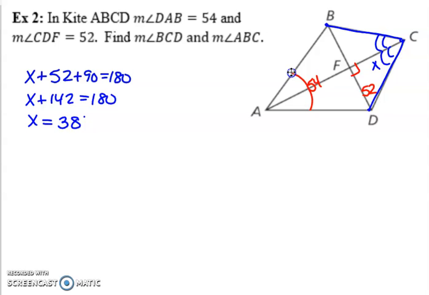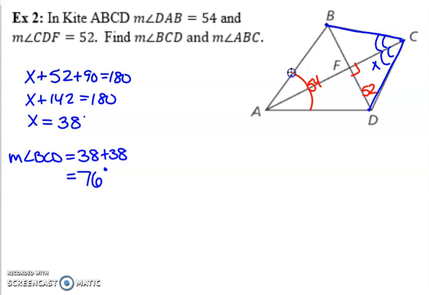So if X is 38, the key is both pieces there would be 38. So your measure of angle BCD, that whole thing, whether you say 38 plus 38 or you could say 38 times 2, the point is we need both pieces, and so it's going to be 76 degrees.